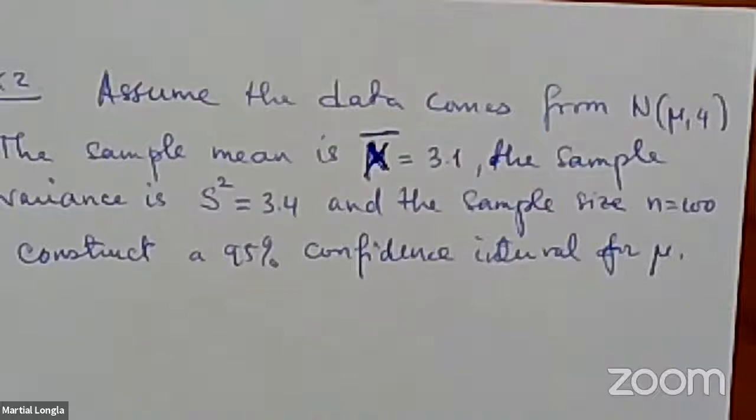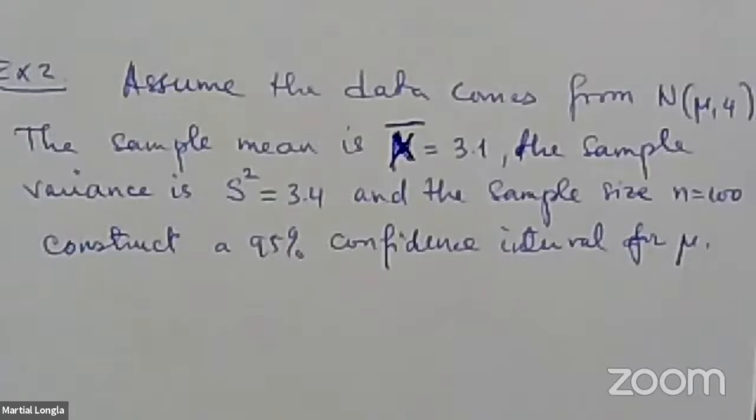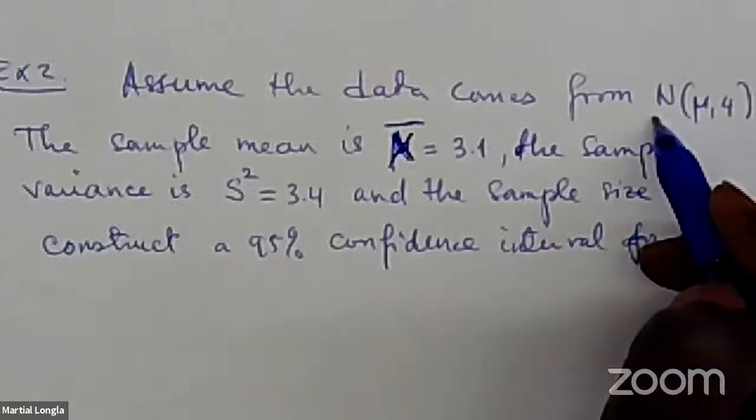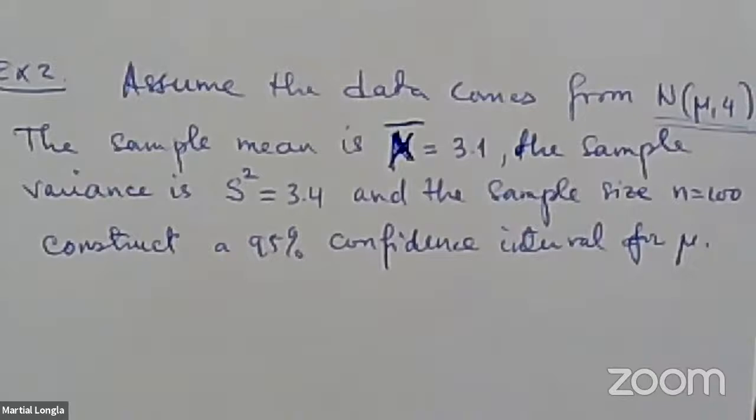And then you need to know that often we will throw into the problem some useless information, just to check if you know what you need to use in what case. So when you read this problem, the important thing is the population is normal. But on top of that, it says variance is 4.